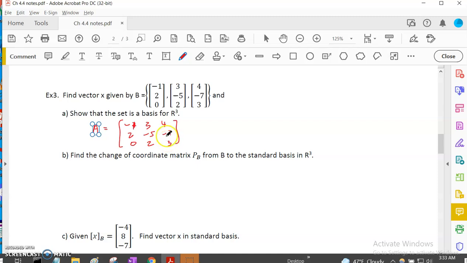If both hold, then it is a basis. Because it is a 3 by 3 matrix, we can use the IMT. If I can row reduce it into an identity matrix, then it satisfies both conditions, linear independence as well as spanning.